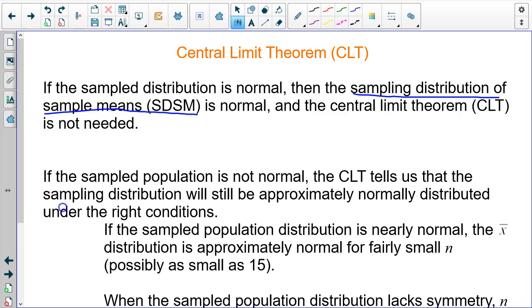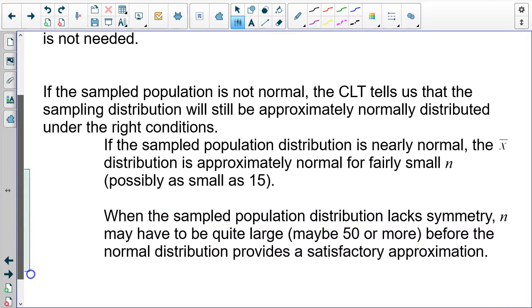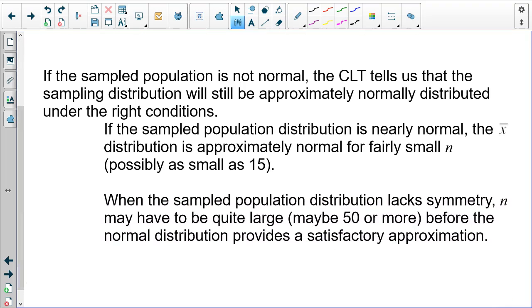If it's not normal, then the CLT tells us that the sampling distribution will still be approximately normal under the right conditions. If the sampled population distribution is nearly normal or almost normal, then the X bar distribution will also be approximately normal, even if n is small, even as small as 15.